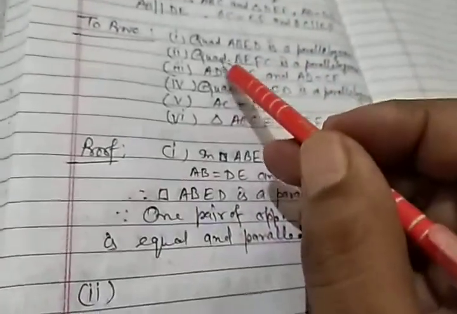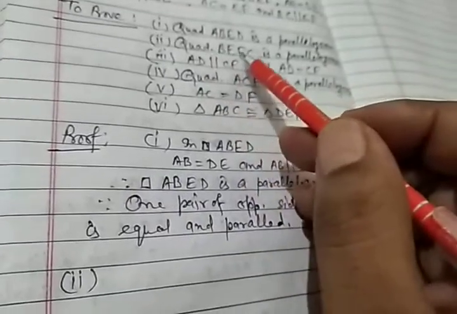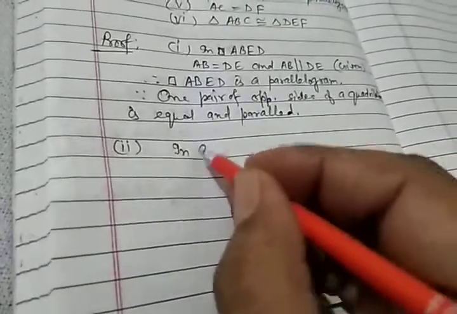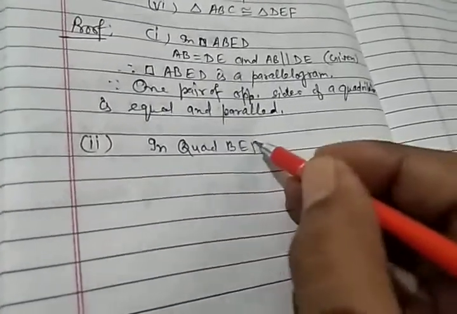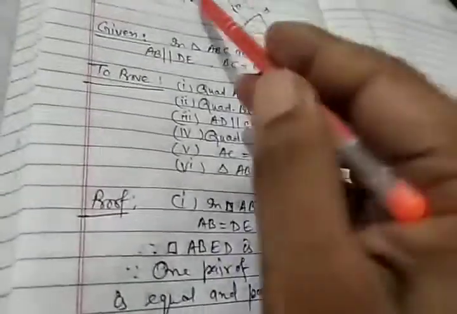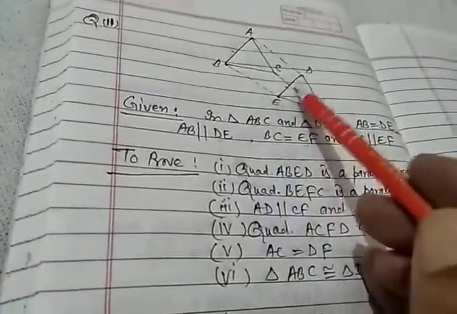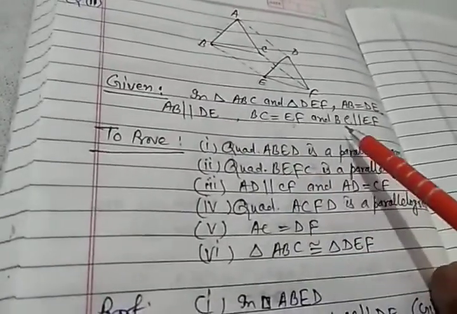Take second part. Second one is quadrilateral BEFC is a parallelogram. In similar way, in quadrilateral BEFC, here given BC equal EF and BC parallel EF.